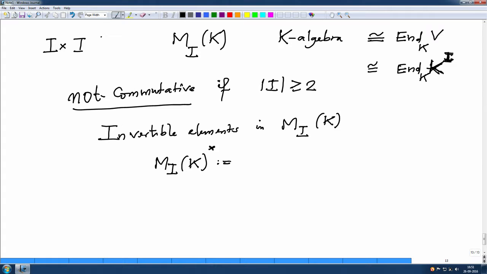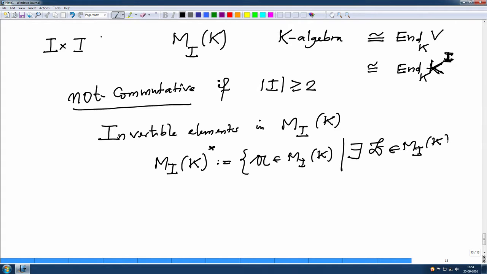This is the set of all matrices A such that there exists a matrix B in M_I(K) again such that both the products AB make sense, that should be the identity matrix, and also BA, both should be the identity matrix.